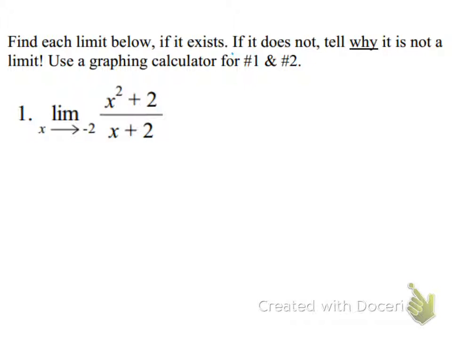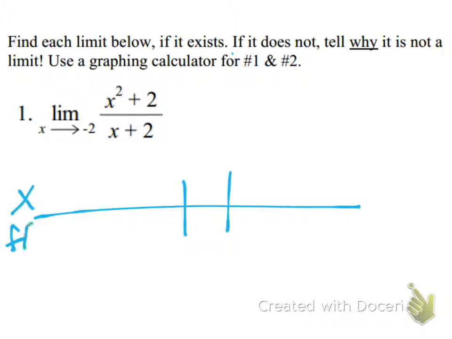and I picked values on both sides. Let's say this is my x and this is my f of x value. I picked values on both sides of negative 2. Now, of course, if you plug in negative 2, you're going to get an error. But when I plugged in values on both sides, I was able to tell what was going on with the limit.